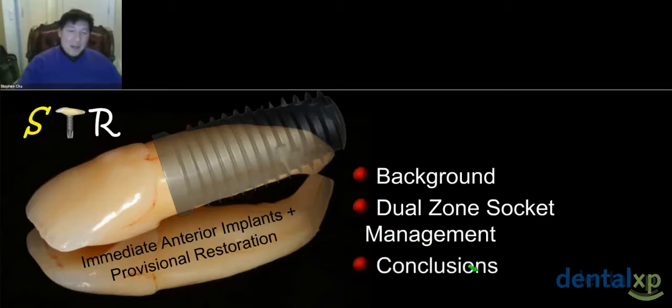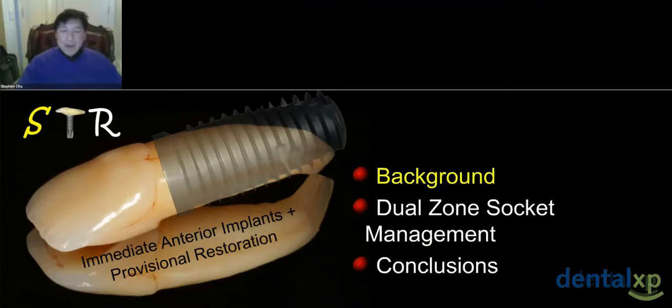Then I'd like to come up with some conclusions, looking at the background and the research we've done, and tie everything together. So we'll have an opportunity to look at this subject in depth. Again, we're going to be speaking about the single tooth anterior restoration. Multiple teeth is a totally different topic, for a different time.